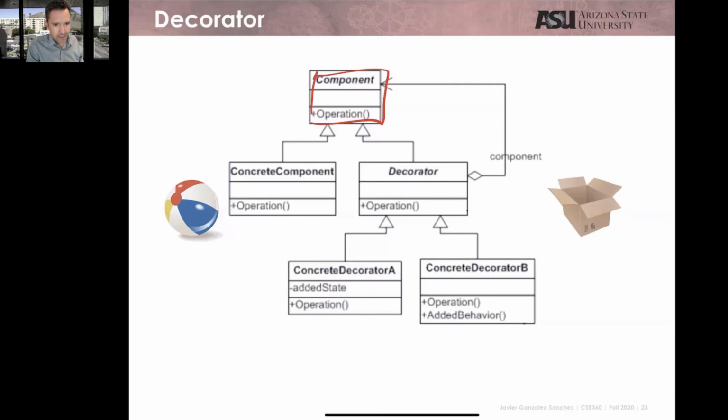And you're going to define as a common parent for that one, two children. One child is going to be like the ball, like the thing that is the last one, something that cannot have other things inside, the element. And you're going to define another child. And the other child is going to be like the box.